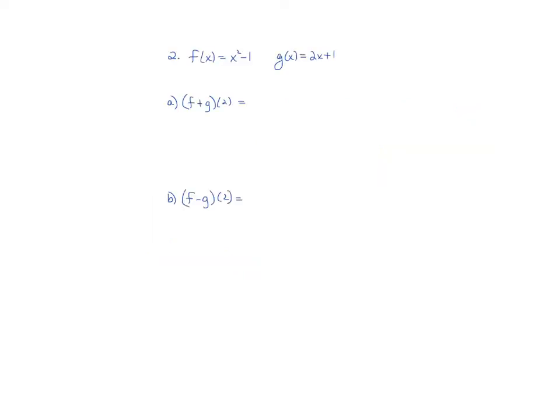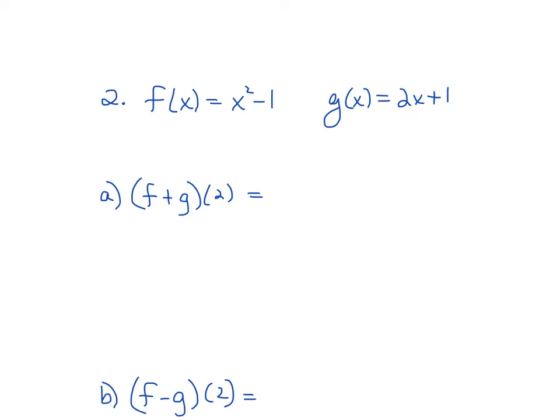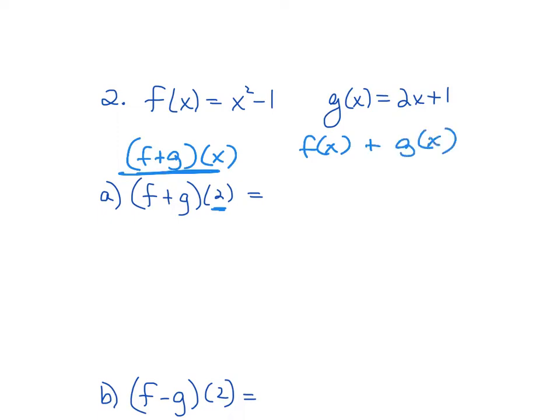Now let's try and apply this with some things that we could actually combine some like terms. Notice this time there's actually a number here. So instead of before, we saw f plus g, and then this just stayed x. So if that were the question, then what I would do is take the f of x function and add it to the g of x function.